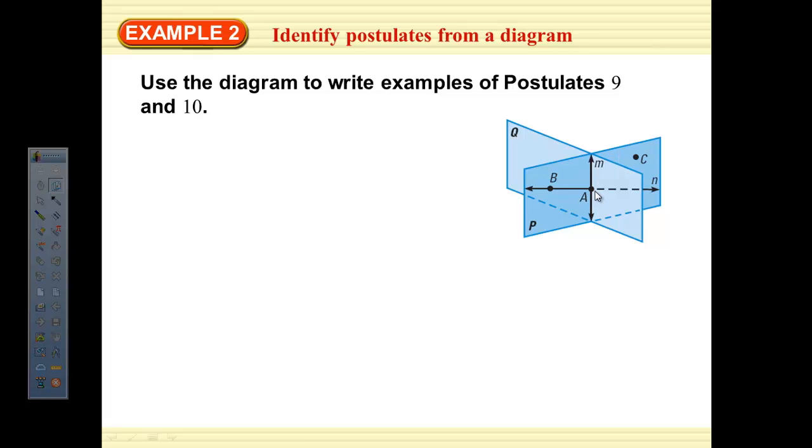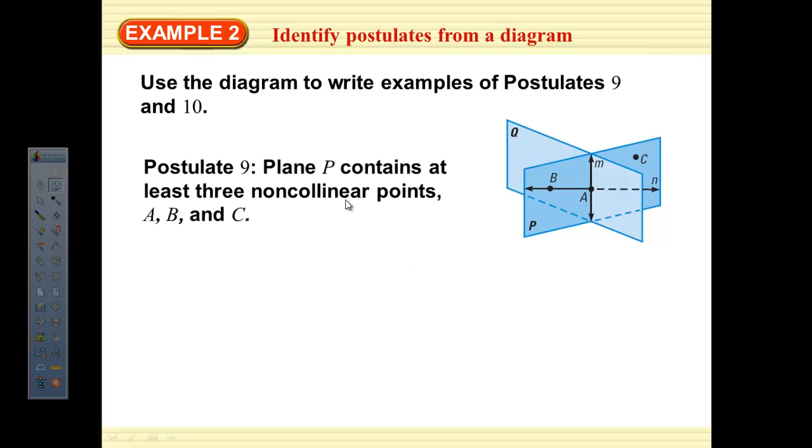If we notice, points A and B lie in plane P, and so we can say either that line N or line AB also lies in plane P.